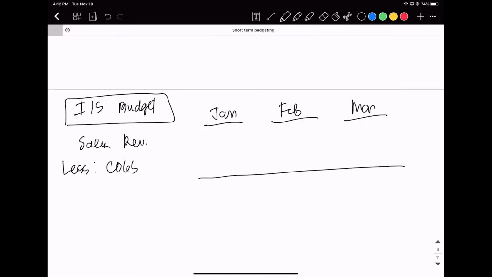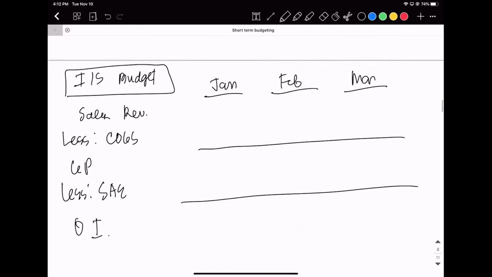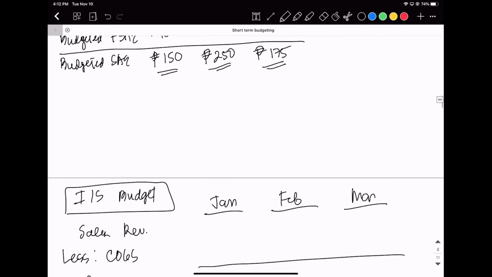Okay. Then, gross profit. Budgeted lahat to, no? Less selling and admin expense. So, ito na yung net income or operating income. So, balikan natin, budgeted sales revenue.